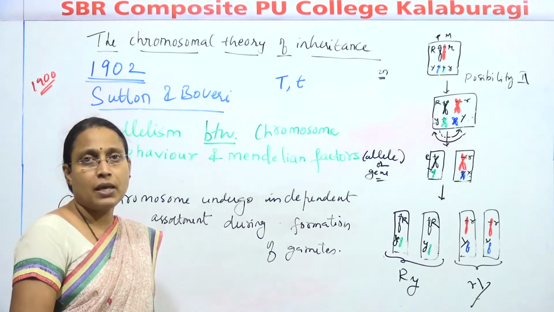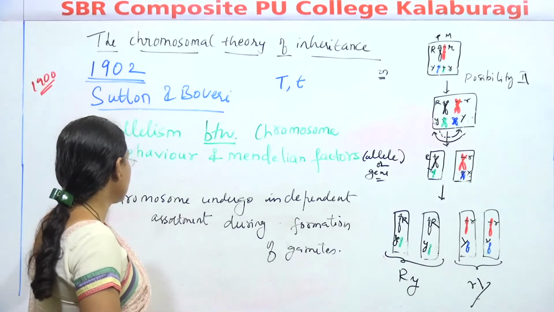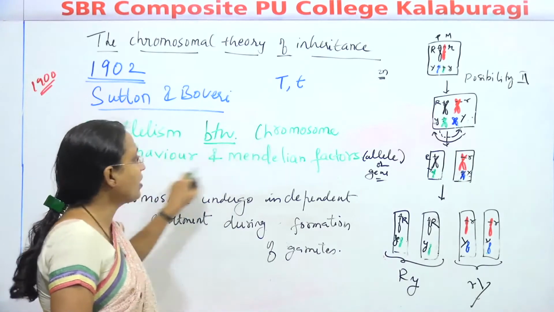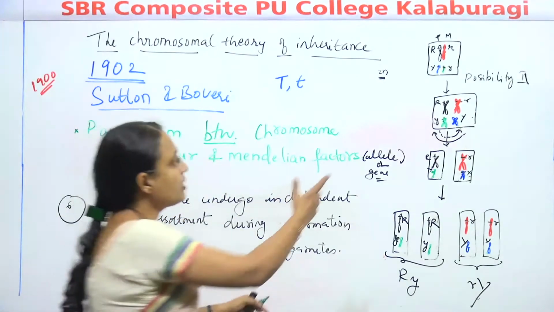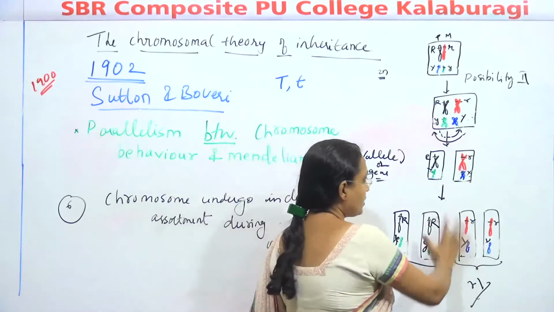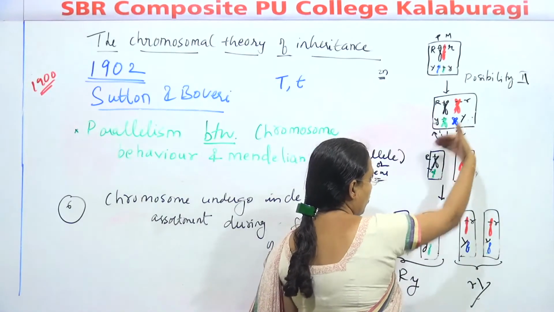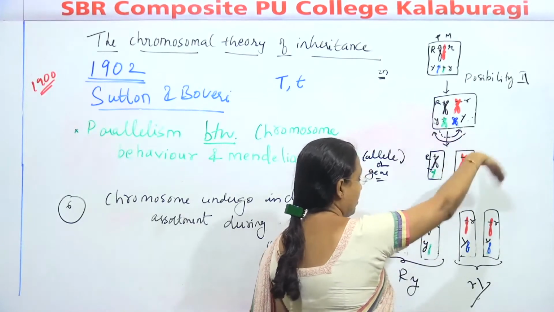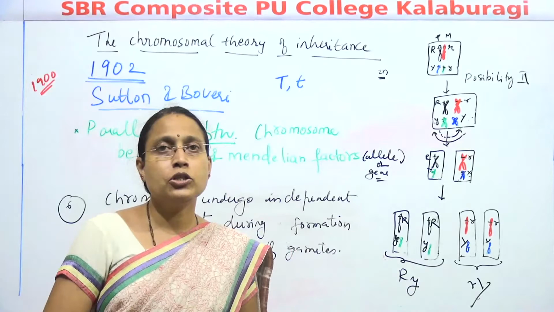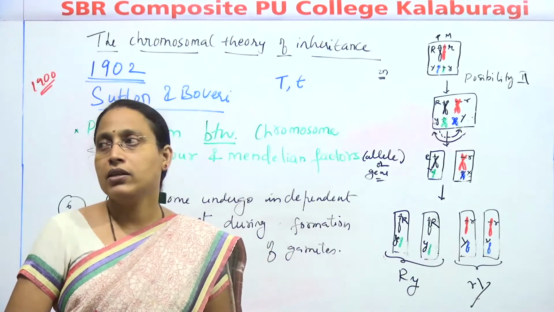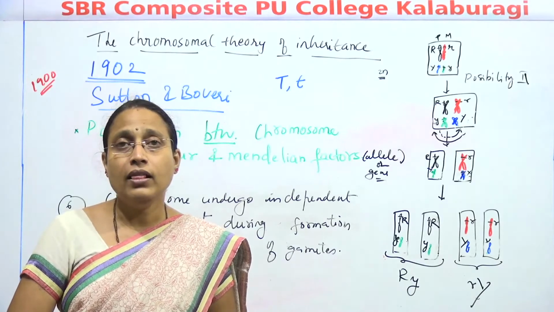It means both are similar, their behavior is similar. This is the 6th parallelism between chromosomal behavior and Mendelian factors. Remember, chromosomal behavior is how it assorts and how it segregates. All the events occurring before the gametes form, their movement, arrangement, and assortment, are part of chromosomal behavior.